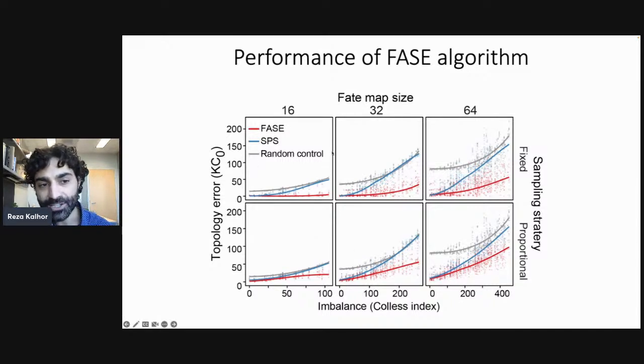And as a control for background, there are random topologies. The measure of reconstruction accuracy is the Kendall-Colijn distance, which is 0 between two rooted trees if their topologies are identical. What you see here is that the phase algorithm performs very well for well-balanced trees, and even in highly imbalanced and very large trees it is still informative.